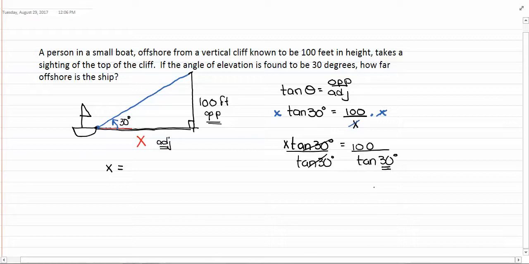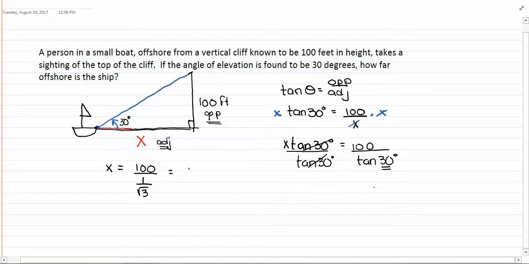So I could give an exact answer. You can either memorize the wheel and find 30 degrees and figure out what tangent is, or you could draw up a triangle and do the 30 degrees. In either case, tangent of 30 degrees is 1 over square root of 3.